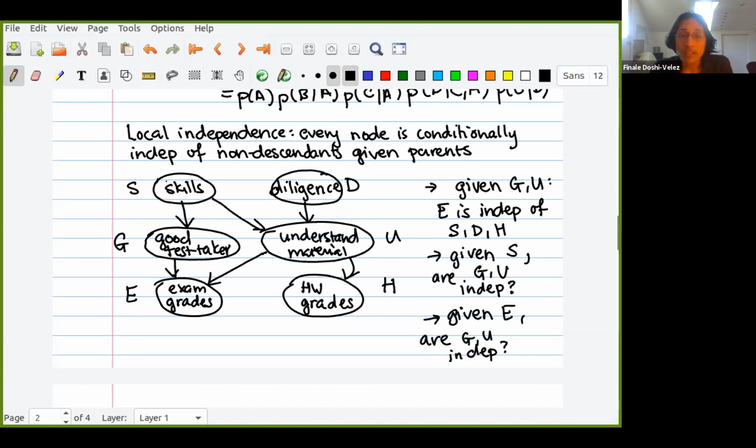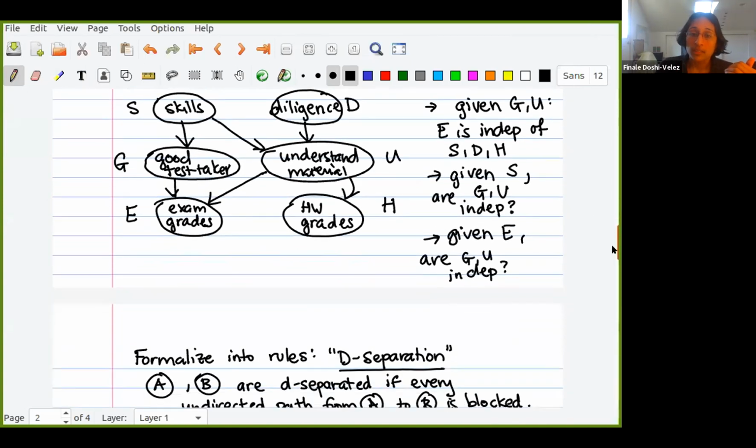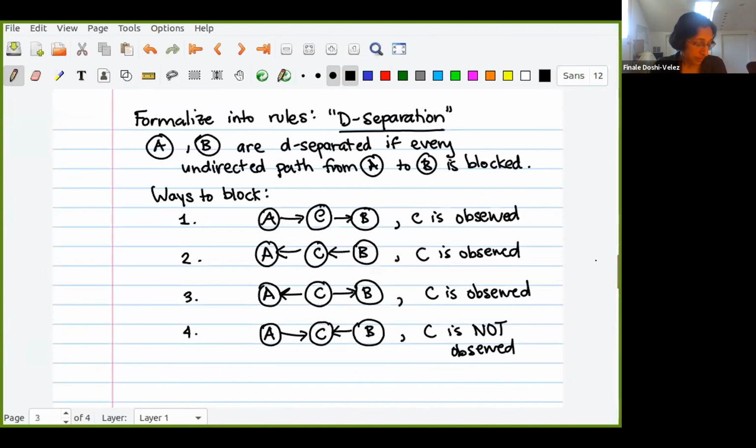If we are thinking about S as our starting point and E as our ending point, there's one path that's being blocked by G, right? But there's another path that's not being blocked, because a path that looks like this needs to be blocked by not observing U, and since we are only observing G, this path is not blocked. So it's important to consider all the different paths to be blocked when we're looking at this idea of separation.